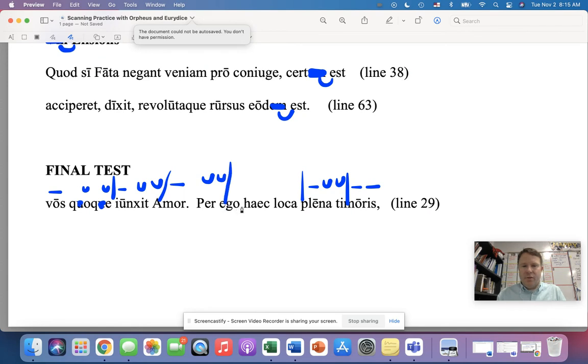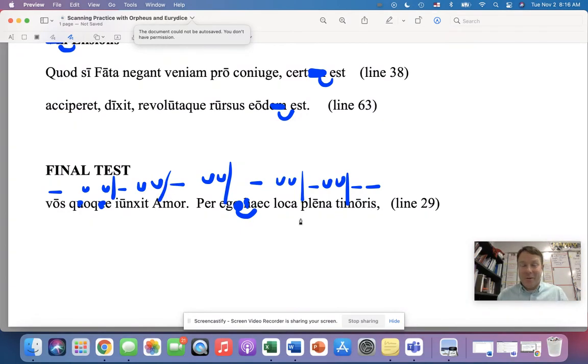Now here's an O in front of an H, but remember everybody, an H is not a consonant. We're going to completely ignore that H, and guess what that means? Look at this. Oh my gosh, look. O and then AE. This means that this entire thing elides. And remember diphthongs? Those are always long. And then loca.